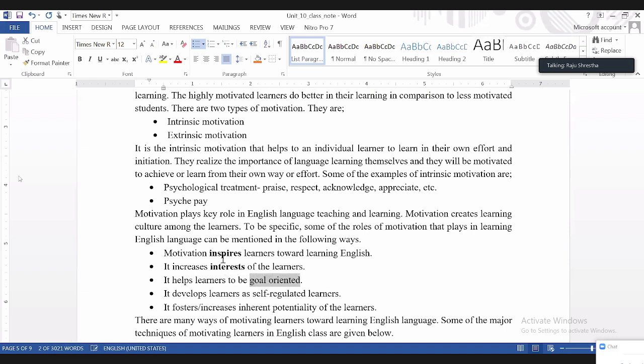The next one is self-regulated. So it fosters inherent potentiality, it helps to foster the inherent capacity.